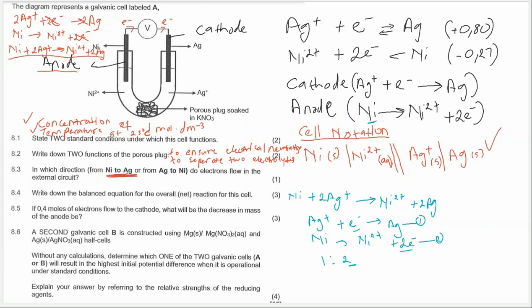Now I need to use this to get the number of moles for the anode. I'm given the moles of the cathode, so I need to find the number of moles for the anode. So I use this ratio, 0.4 to 2, and I don't know the other one, so I have to put an X. In order to identify that X, you do cross multiplication.